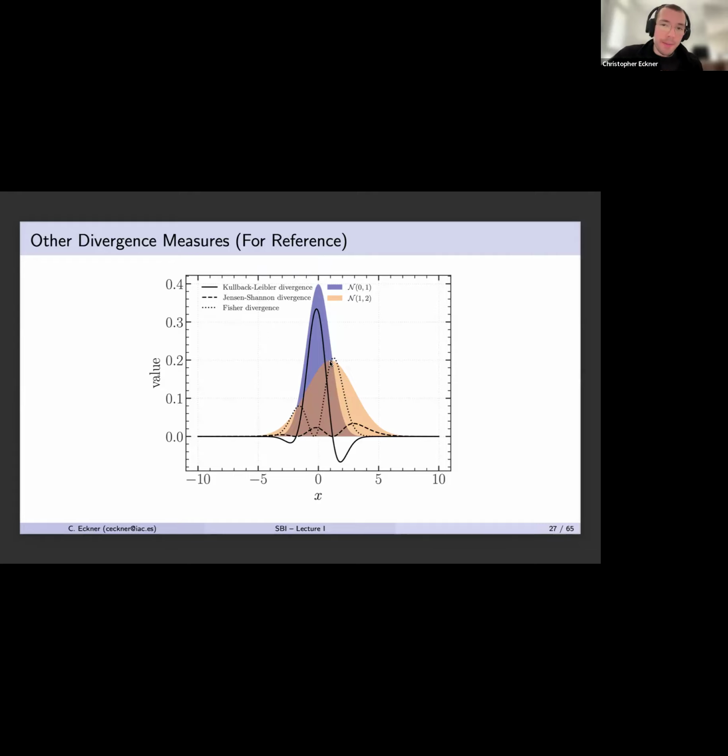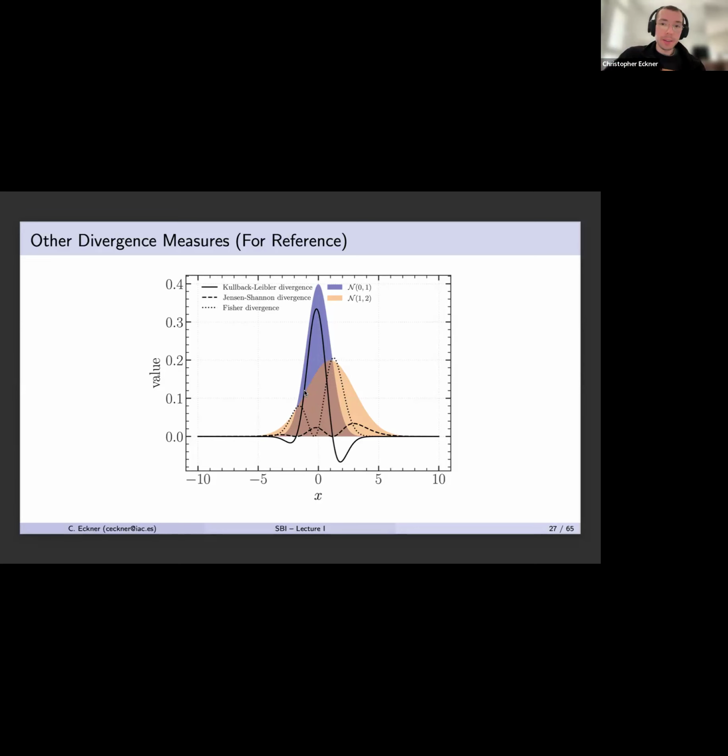Okay, so they are similar in some sense, but these three different divergence measures give you a different notion of how dissimilar they really are. The Kullback-Leibler divergence in the forward case shows you this.